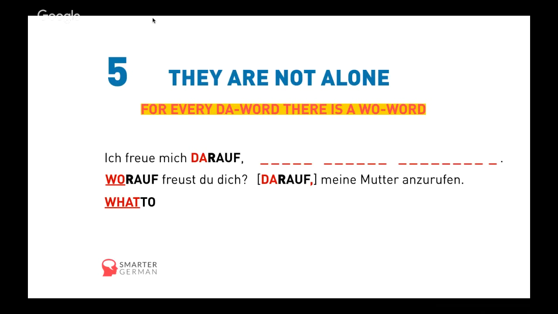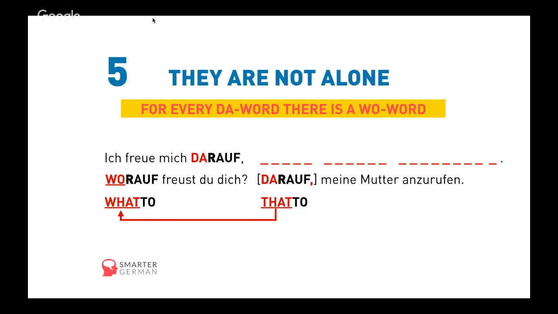So wo plus a preposition attached has the meaning of what. That's the irritating part. But as I said, don't even translate them. Darauf has the same meaning. Da means that. Okay? So, just that you know what they originally mean, but don't go into translating because it will drive you crazy. And with that, of course, is answering the what.